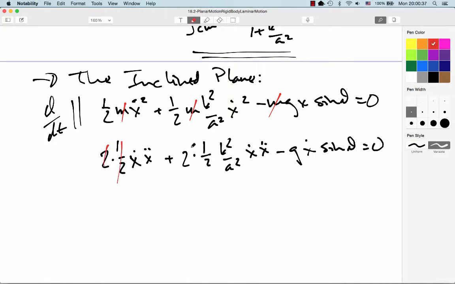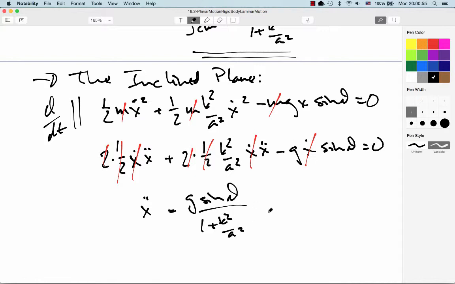Cancel, cancel, cancel, cancel. And everybody's got an x dot that we can divide out. And I end up with x double dot equals g sine theta over 1 plus k squared over a squared. And the rest of it goes like before.